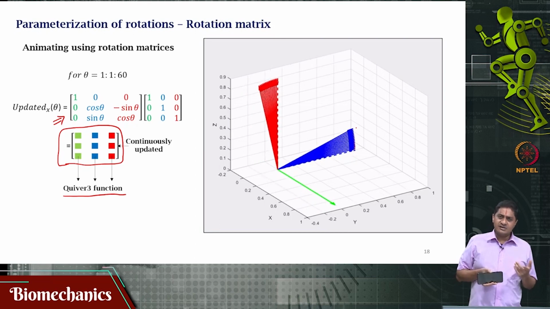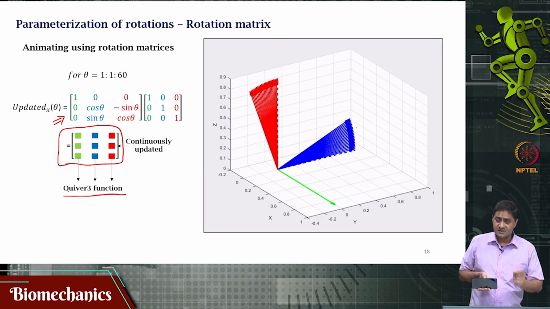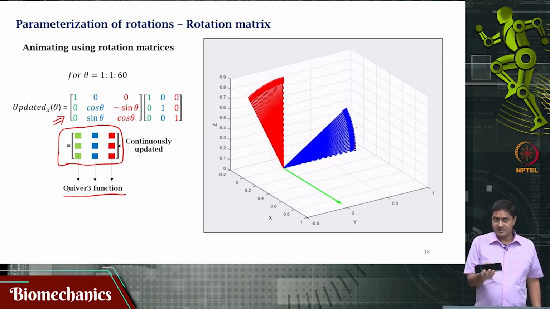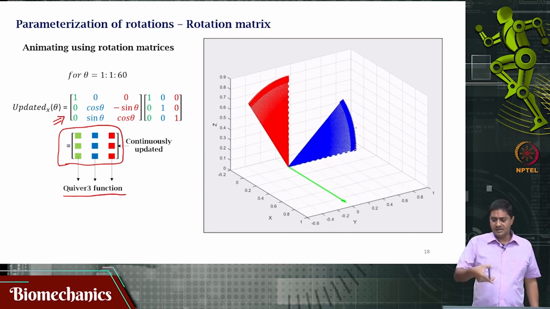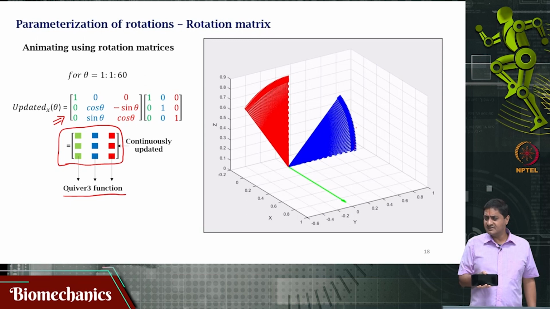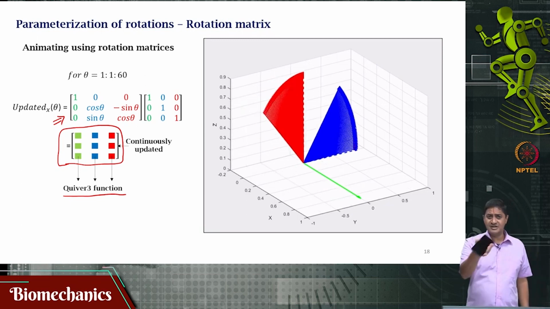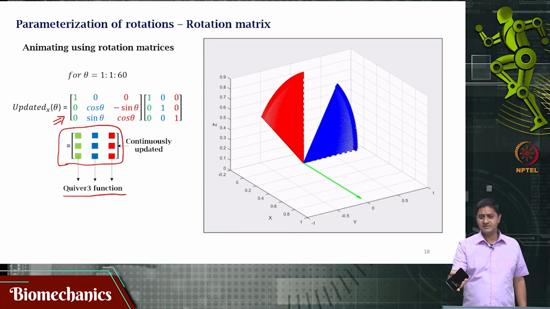Now, in real life, does rotation necessarily happen only about one axis, like this or like this or like this, right. It does not necessarily happen only about one of these axes. A real life rotation is going to be like this, something like that, right.